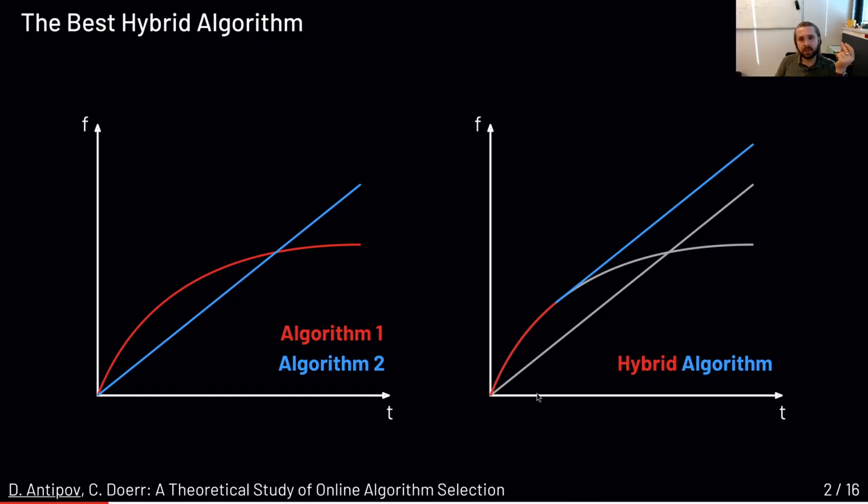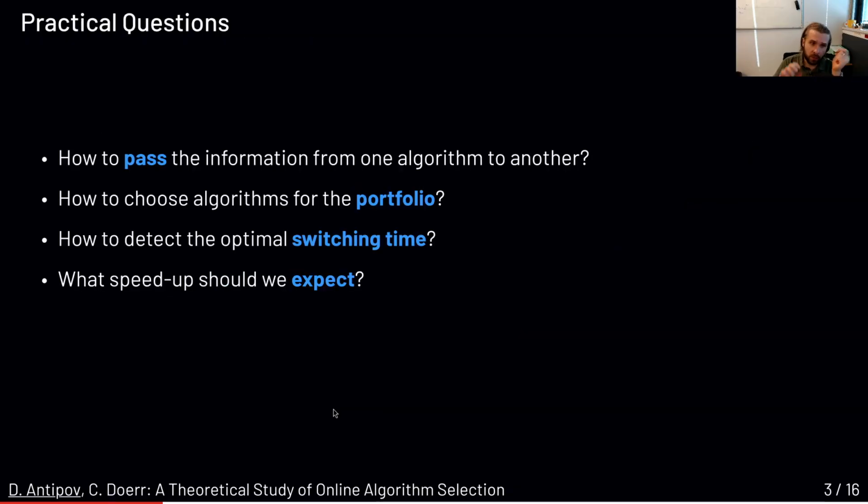It means that if we start with algorithm 1, and as soon as it becomes slower than algorithm 2 we switch to algorithm 2, then we get a hybrid algorithm which becomes faster than both algorithm 1 and algorithm 2.